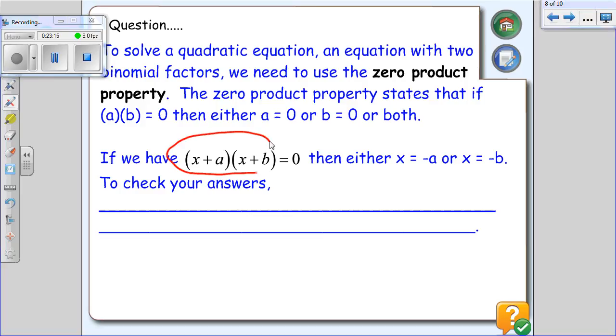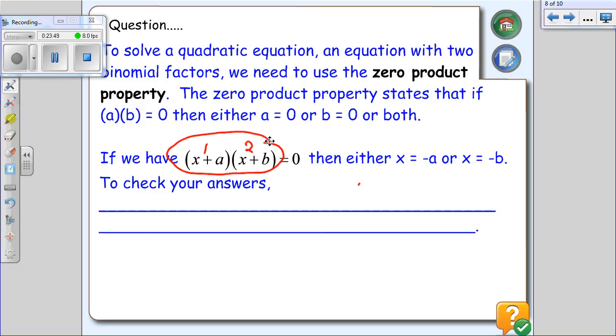The only way that statement is true is if the first binomial is equal to 0 or the second binomial is equal to 0. If one of them is equal to 0, then this must be true. This question, what's an example of what x could be to make that right? So look at the first binomial. What does x have to be to make that equal to 0? -a.